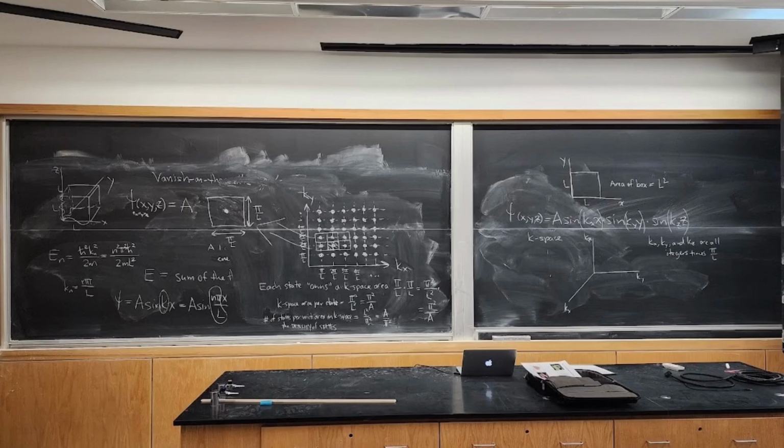So the K-space area per state is equal to pi squared over L squared. But wait a minute.